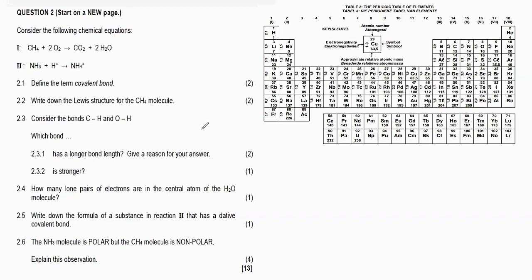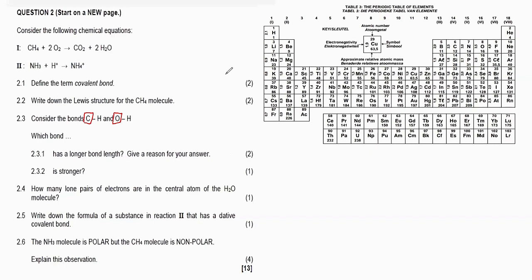Now, before you answer this one, there's a particular relationship that you need to know with the periodic table, which is your atomic radius. So this is between the carbon and the oxygen, which one has a larger atomic radius.